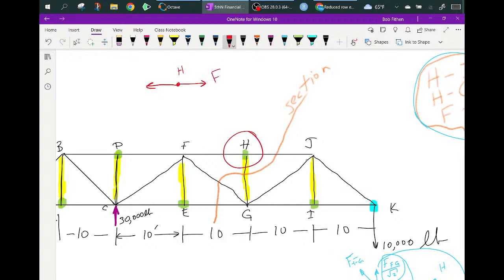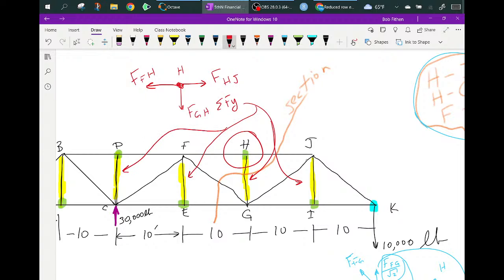So this would be FHJ, this would be FH, and this one would be FHG, or GH, FGH. Now, look at that pin: the sum of the forces in the Y tells you all these ones that are yellow have to have no load on them. They're zero load members. No load members, yeah.